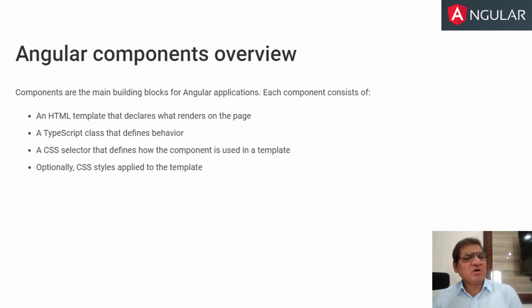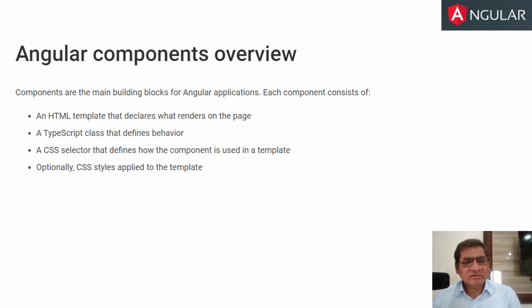Angular components overview. Components are the main building blocks for Angular applications. Each component consists of an HTML template that declares what renders on the page, a TypeScript class that defines behavior, a CSS selector that defines how the component is used in a template.